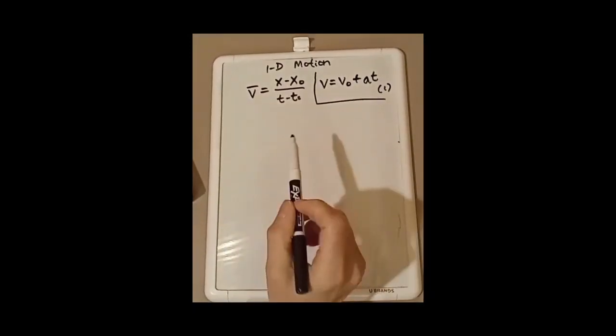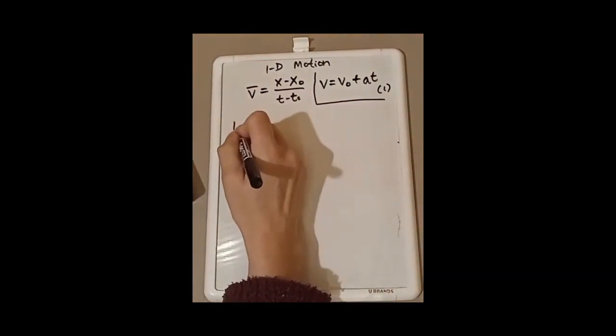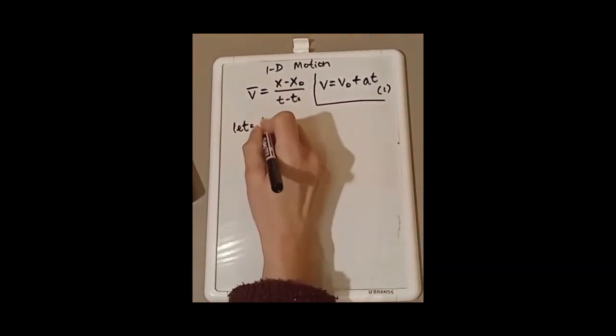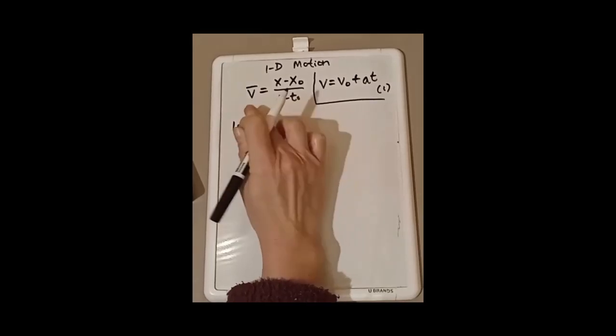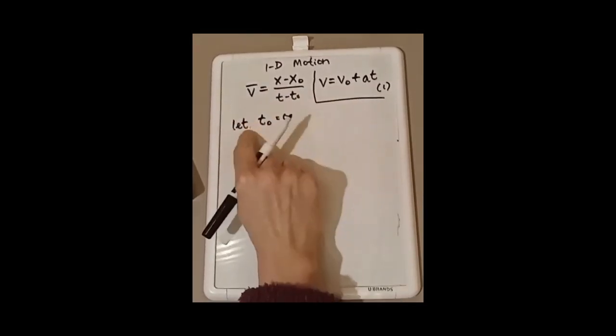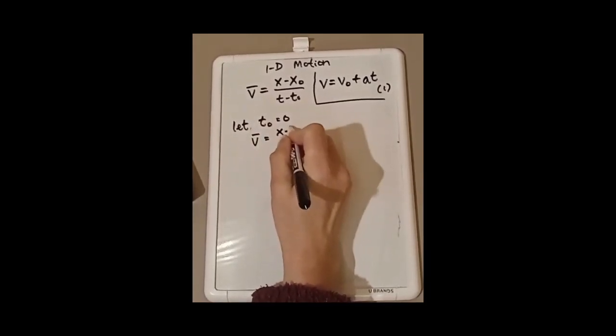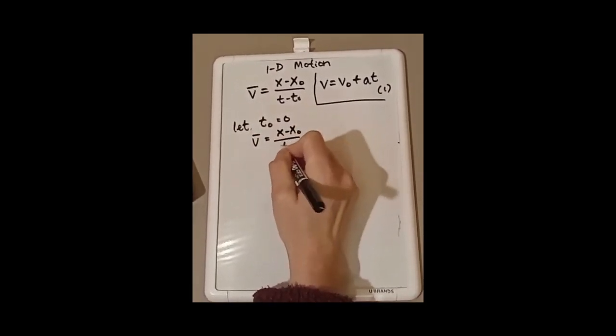In our average velocity, just like we did before with our acceleration, we're going to let t naught equal 0. So then we have average velocity equals x minus x naught divided by t.